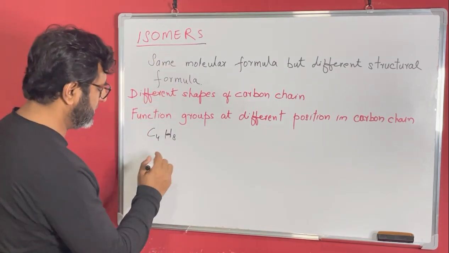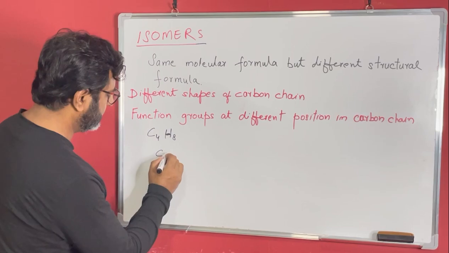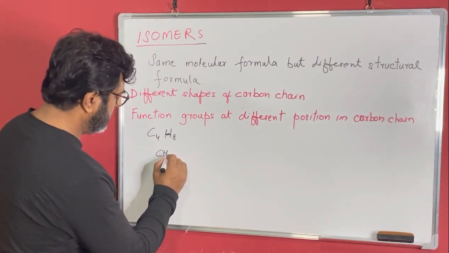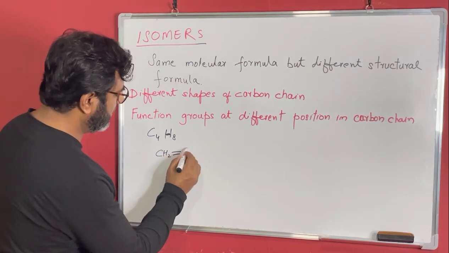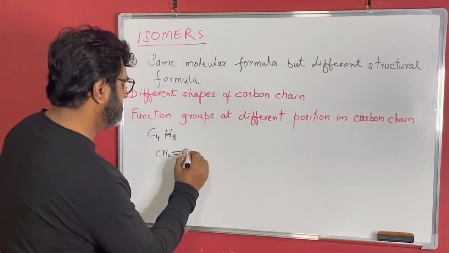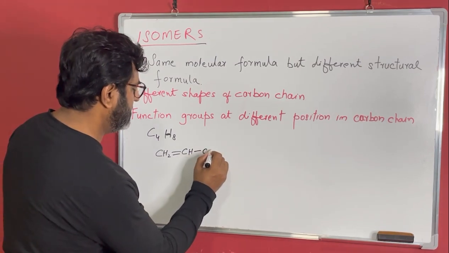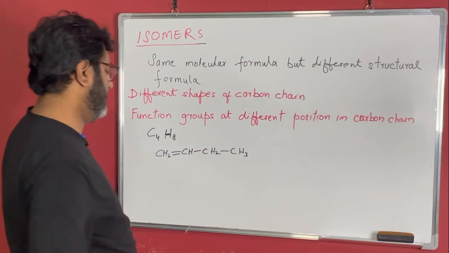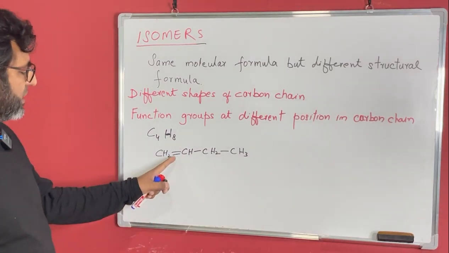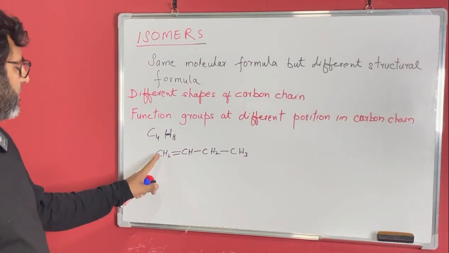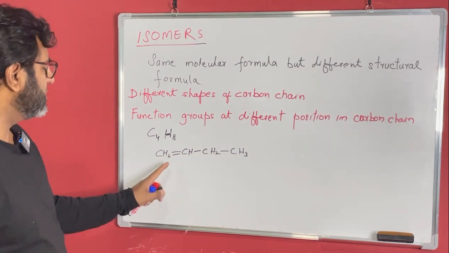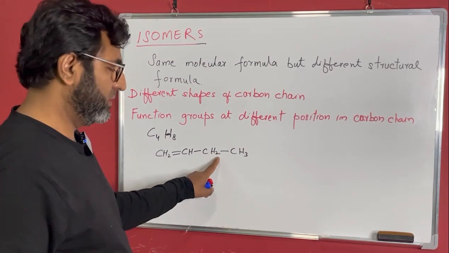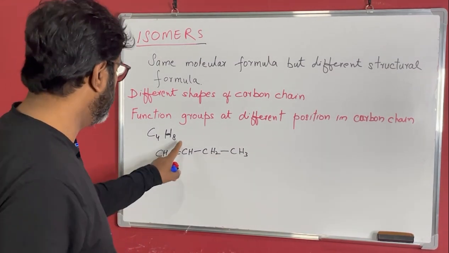So I can write this as CH2 double bond CH, CH2 and CH3. So you can see that the double bond is at this position. We have 1, 2, 3, 4 carbons, 2 and 3 hydrogens, 3 and 2, 3 and 3, 6 and 2, 8 hydrogens.